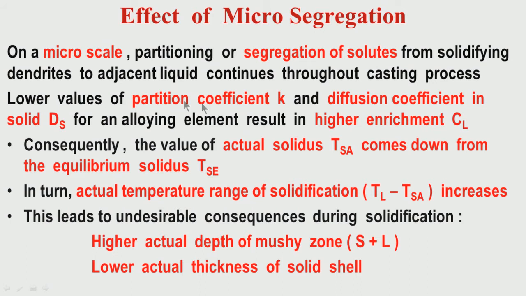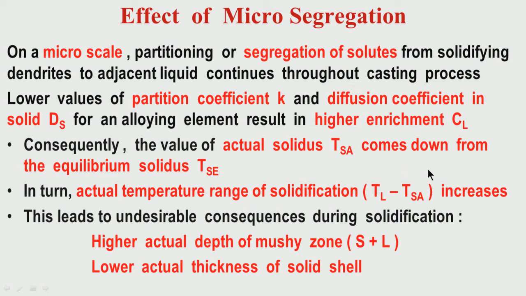So what I have told, lower values of this partition coefficient k and lower value of the diffusion coefficient in solid Ds for an alloying element result in higher enrichment of that particular alloying element. Consequently, what is happening? The value of the actual solidus, because this actual solidus depends on what? What will solidify? The last liquid which will remain, that is solidifying finally.